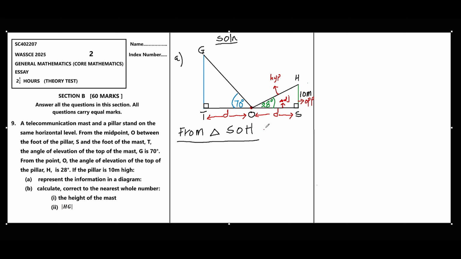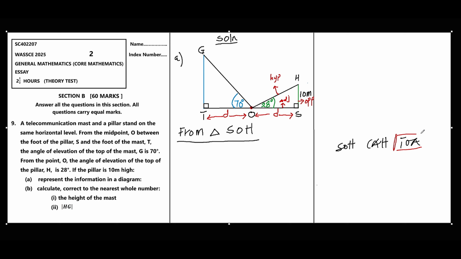So from this right angle triangle, we are looking for D, which is the adjacent. And then we know the length of the opposite. So let's refer to SOHCAHTOA. Which of them has opposite and adjacent? Opposite and adjacent, that is TOA.